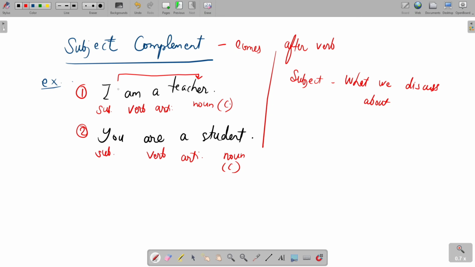And after this verb, which is the verb here? The verb am is being written here, and in the second sentence are is a verb which is written here.